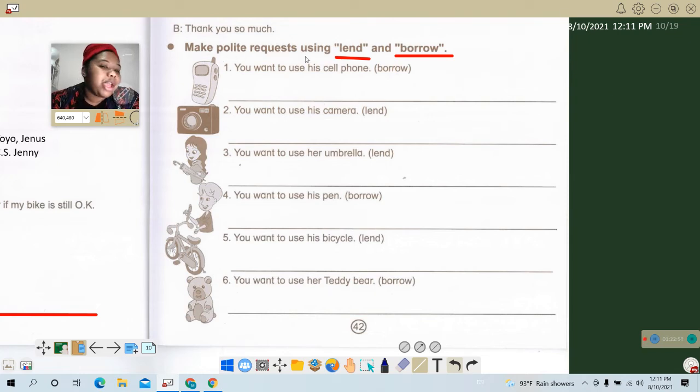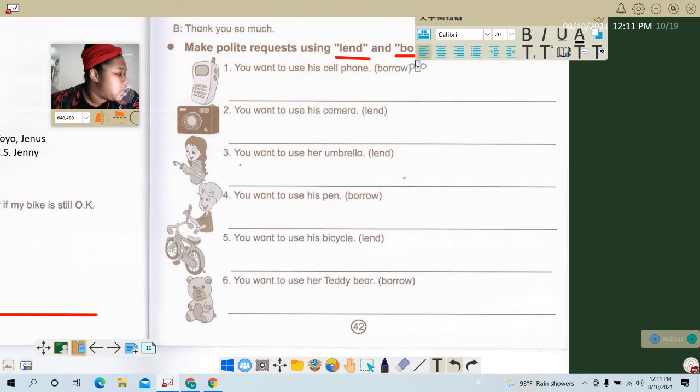So make polite requests using lend and borrow. So here each of the numbers you need to follow if it's a borrow or a lend, okay? So who wants to answer number 1? Okay, Ethan. Number 2.